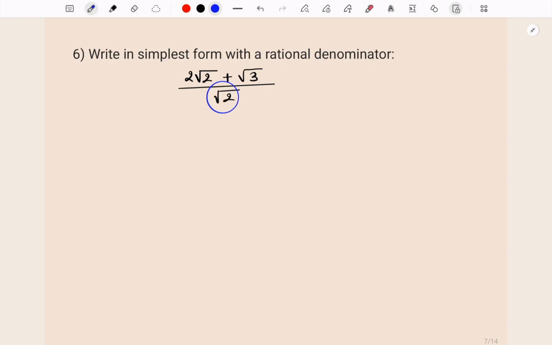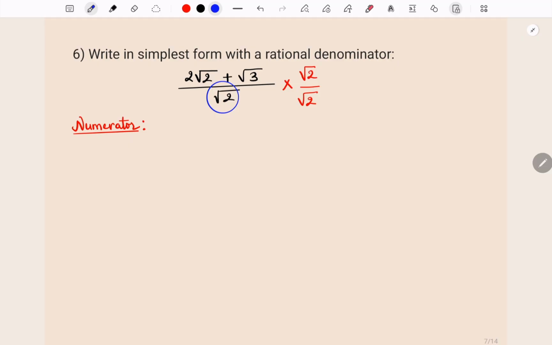So whenever we have a single surd present in the denominator, we multiply the numerator and the denominator with that surd. So what should I do? I will just multiply this fraction with root 2 in the top and in the bottom. Okay, so now let's solve the numerator and the denominator parts separately.